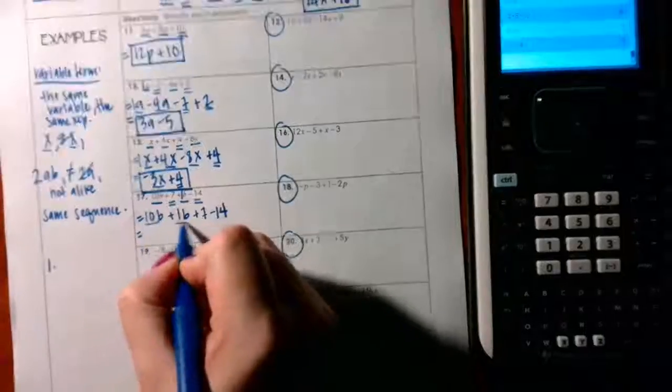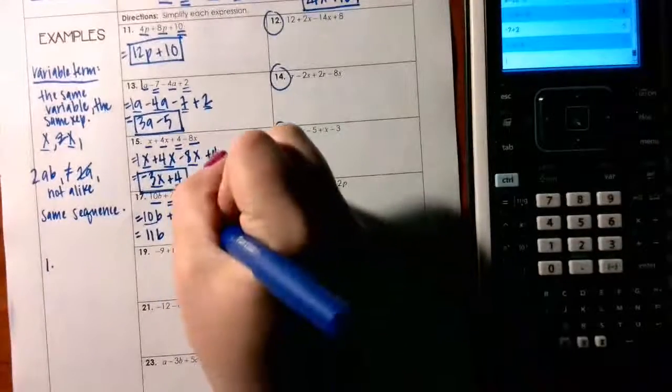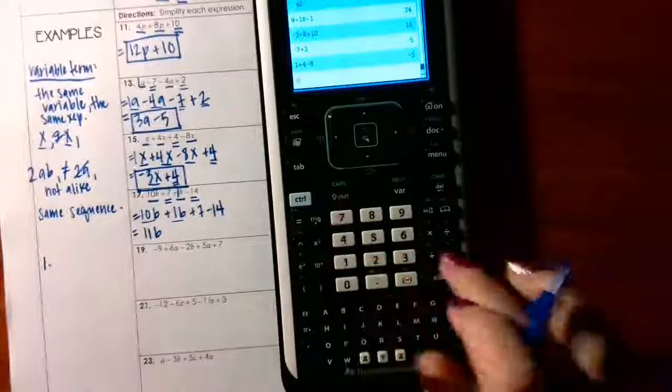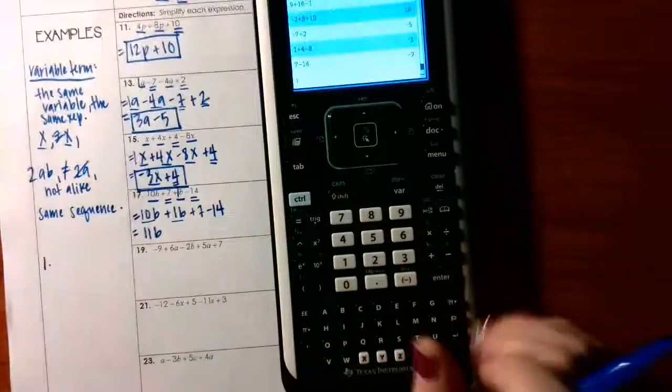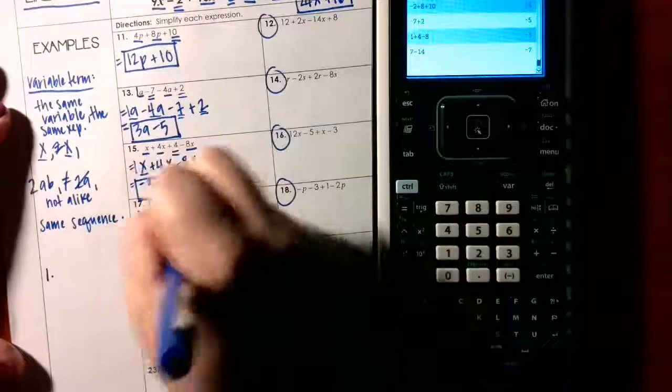Now I'm just going to come over here. 10 plus 1 is 11b. Add the coefficients, leave the variable. Plus 7 minus 14. Remember, order of operations. Negative 7, so minus 7. This is my final answer. I'm going to box it in.